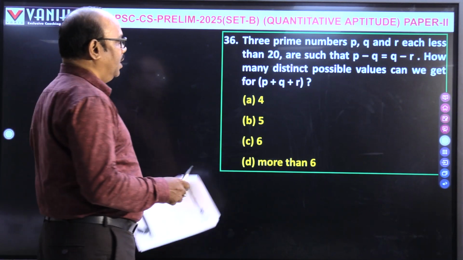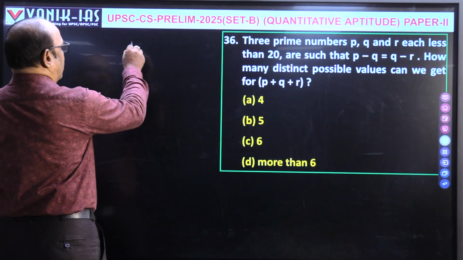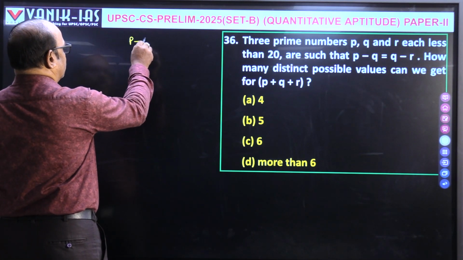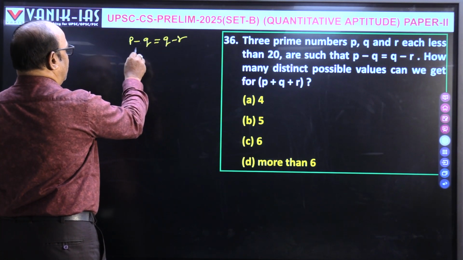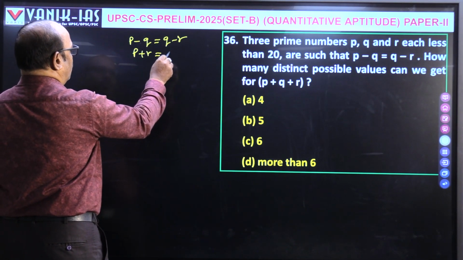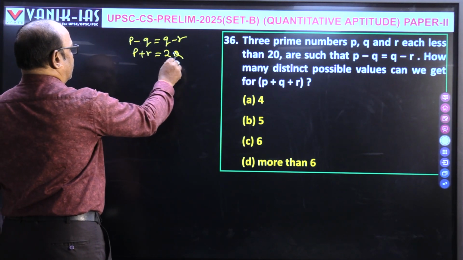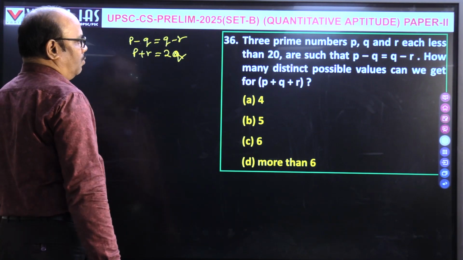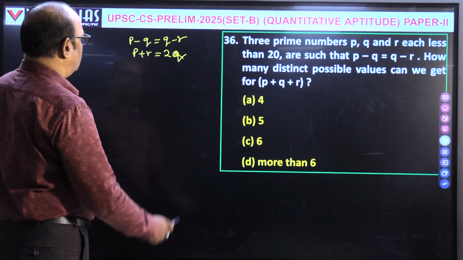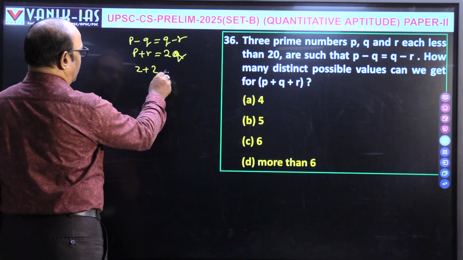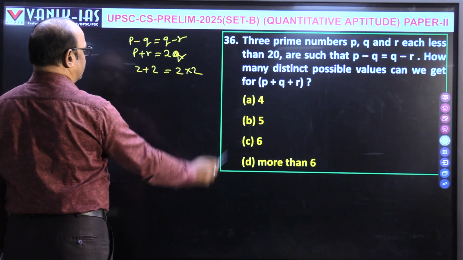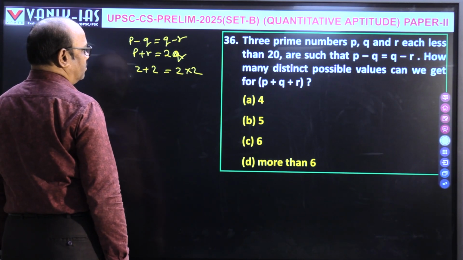That means p plus r becomes 2q. If p plus r equals 2q, what are the possible values? So I can say 2 plus 2 equals 2 into 2. It is one of the possible triples.